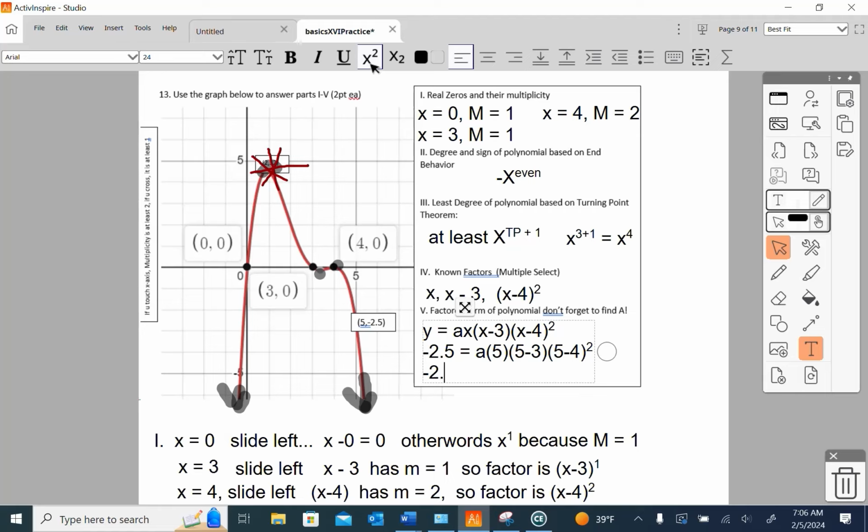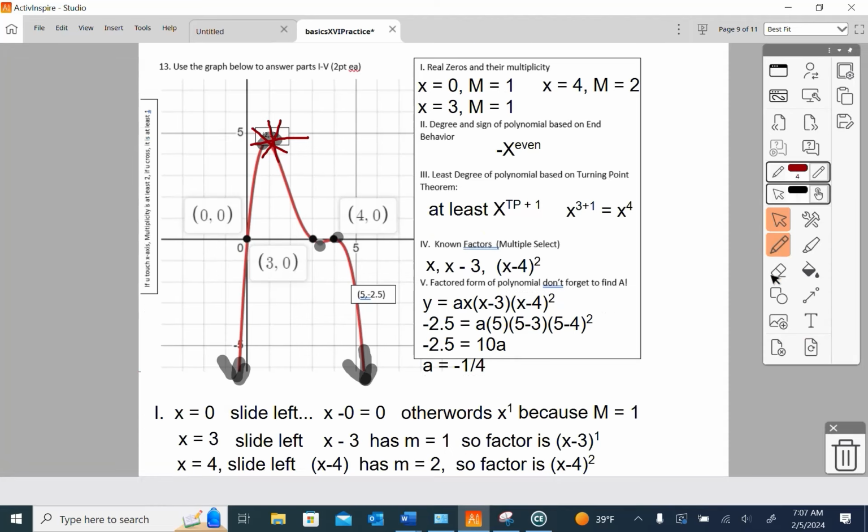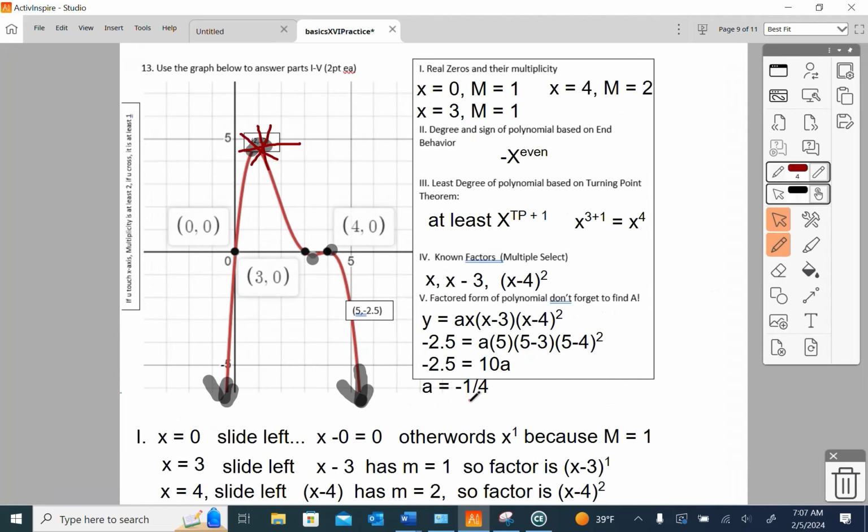I have negative 2.5 equals, that'd be a 2, that'd be a 1, 10a. And I get that a is negative 1/4. Because I know how to do some division. And that goes there. And I'm done.